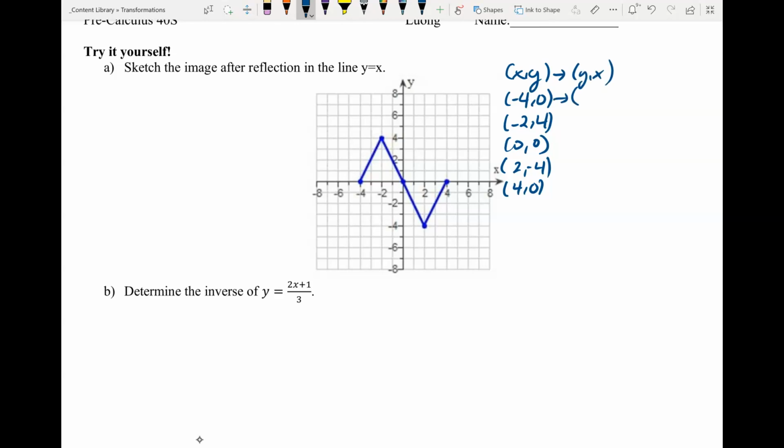So this becomes 0, -4, 4, -2, 0, 0, -4, 2, and 0, 4. And I'm going to plot those points in here.